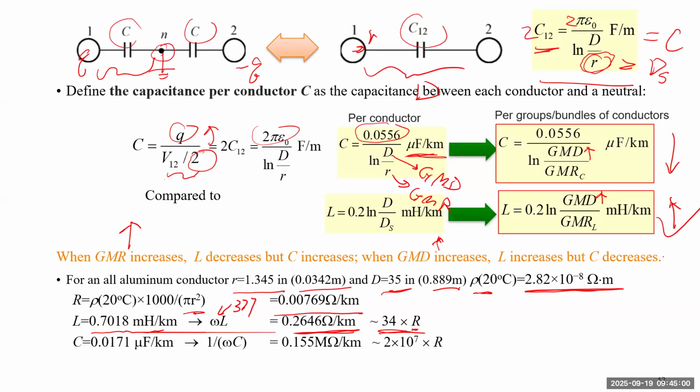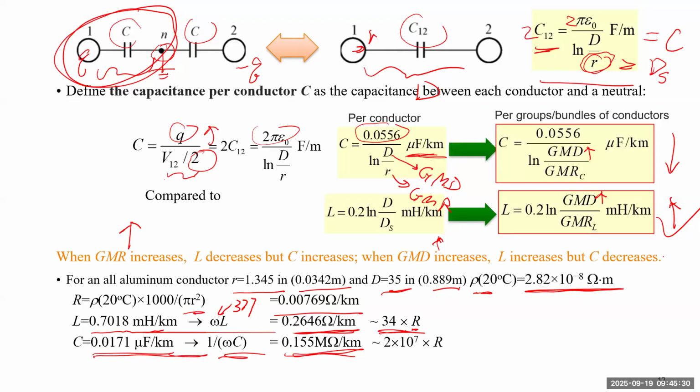And how about the C? For C, the result is 0.017 microfarad per kilometer. You can also translate that capacitance into a capacitive reactance. This is the capacitive reactance connecting the line to the ground, because C is defined to be the capacitance between the conductor and the ground.